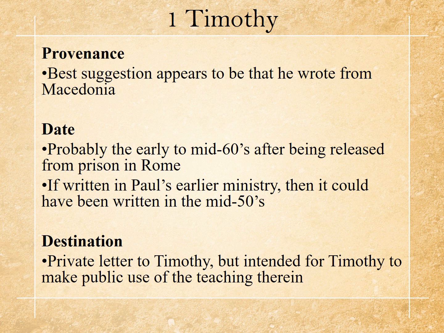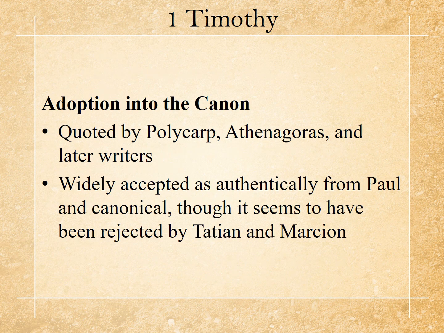Okay, 1 Timothy probably is from Macedonia, and we're probably looking at the mid-60s after he was released from prison in Rome. If it had been written earlier in his ministry, it could be even mid-50s, so possibly a few years earlier. The destination is a private letter to Timothy, but he intended for Timothy to make public the teaching found here.